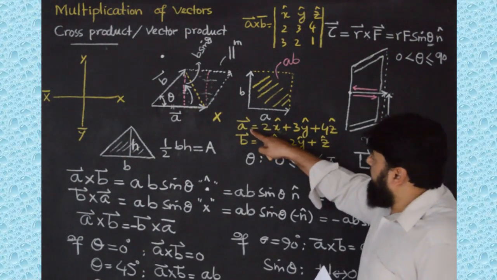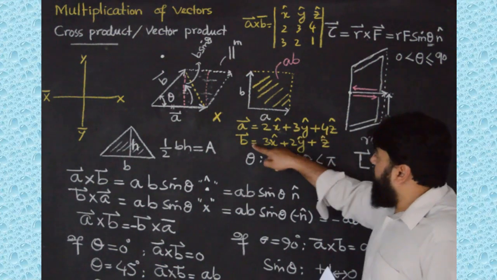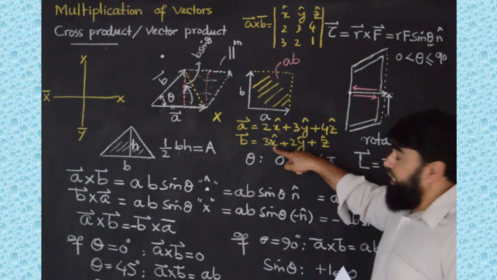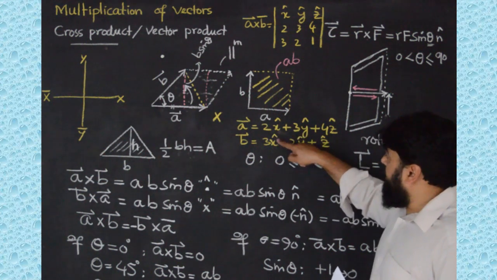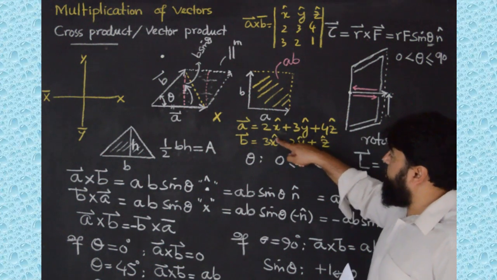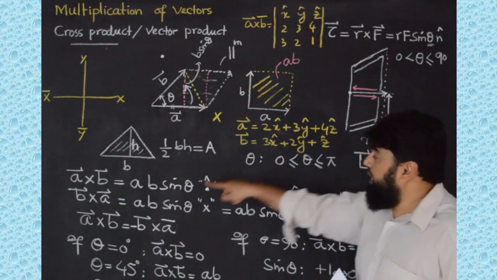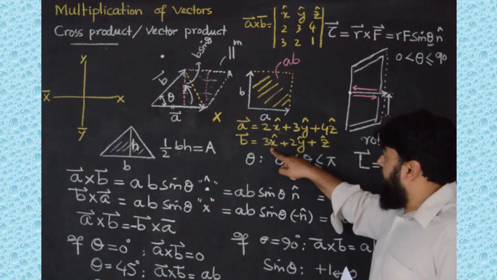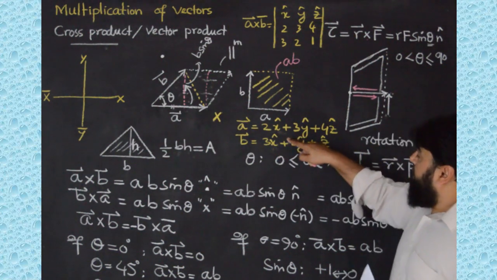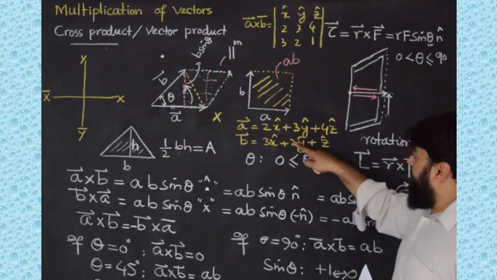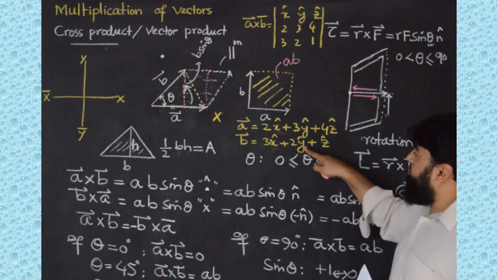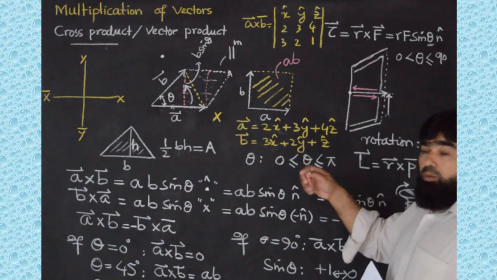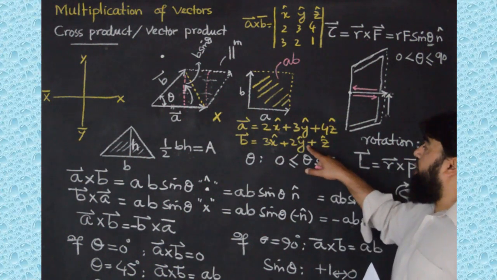Now I will expand this determinant, and it will give me a value. When x is multiplied with x, these are the inner components, and it gives 0 because they are parallel vectors. The angle between them is 0, so these give 0, while when x is multiplied with y, it gives the z unit vector, and z is out of the plane of x and y.